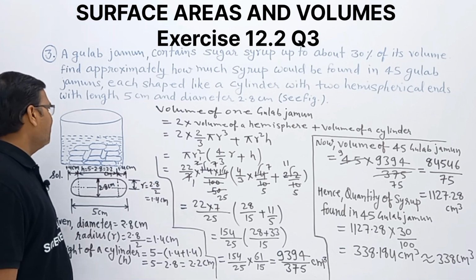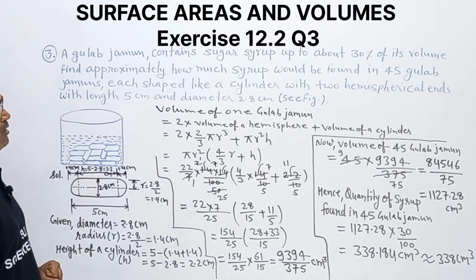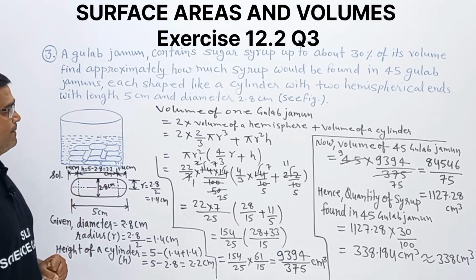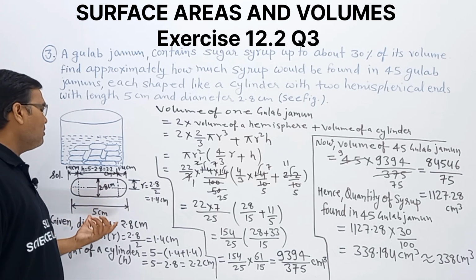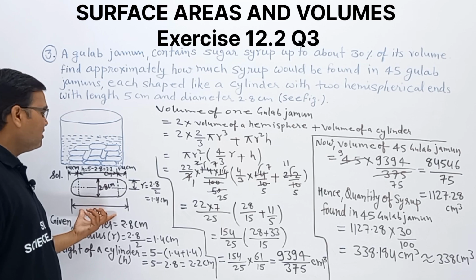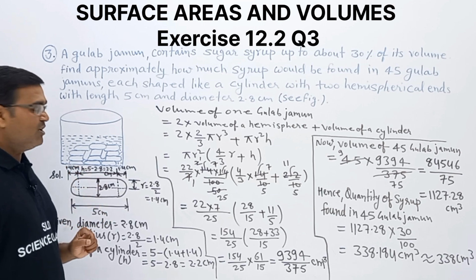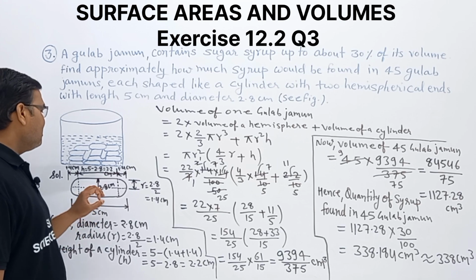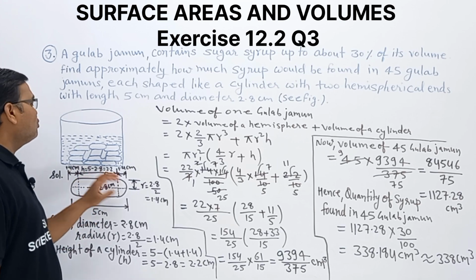Observe again what we are doing in this question. Question having 45 gulab jamun, and each gulab jamun having length 5 centimeter and diameter is what? 2.8 centimeter, and it is having cylinder with two hemisphere.